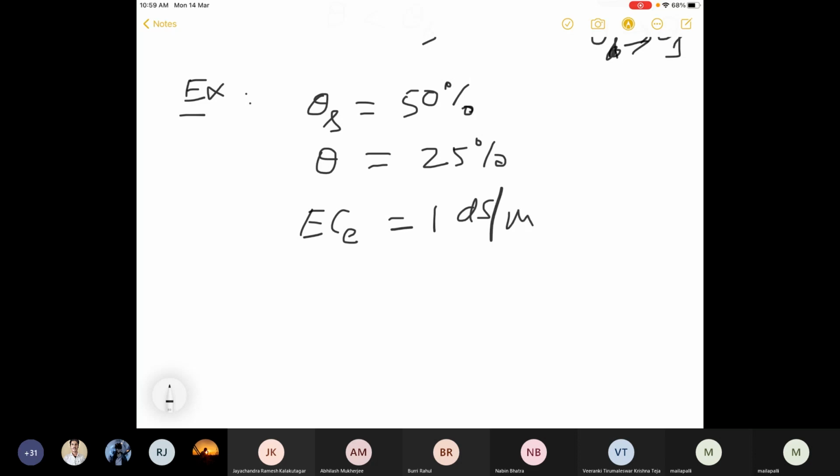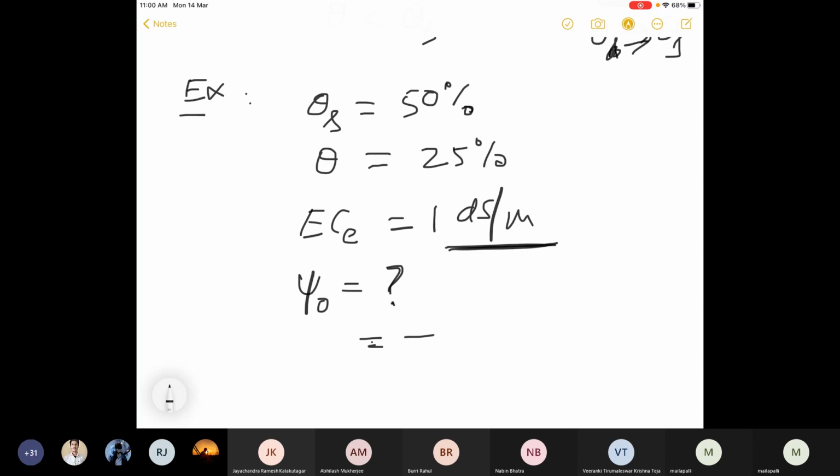So in that case, what is psi naught? That means a soil has a salinity of 1 decimeter per meter. This is the salinity level in the soil. What will psi naught be if the soil moisture is decreased from 50% to 25%?